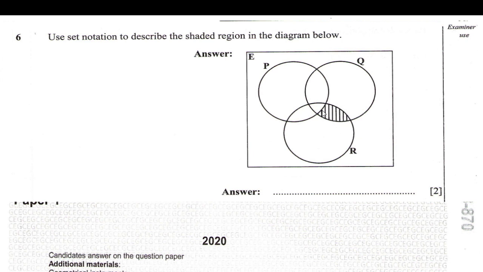This part is the overlap between set Q and set R only, and this overlap is the intersection set between set Q and set R, which can be written as Q intersection R. You read this one as Q intersection R.